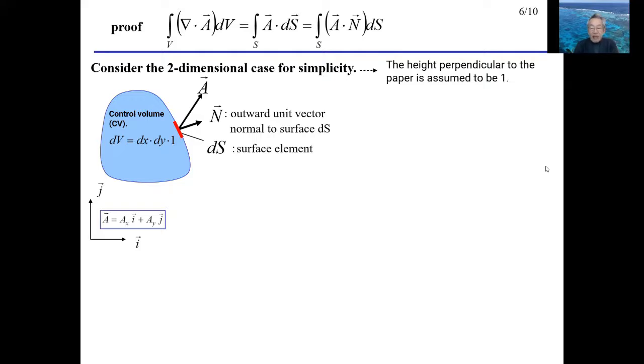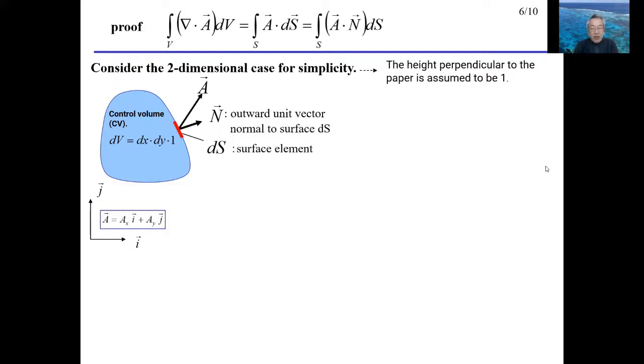The surface element colored red looks like a line, but its area is the red line multiplied by the thickness 1. The outward vector n perpendicular to the red surface element indicates the direction of the surface element.